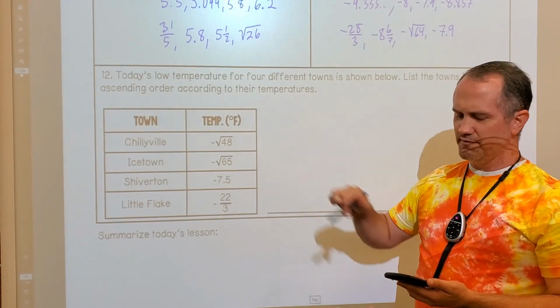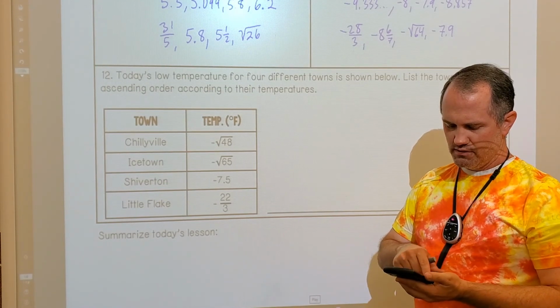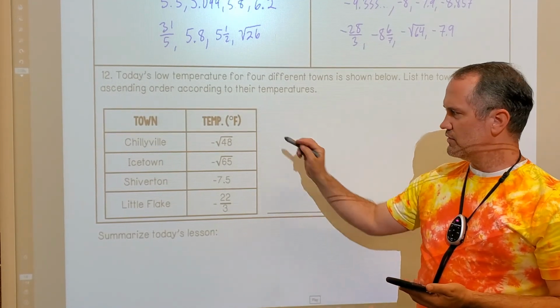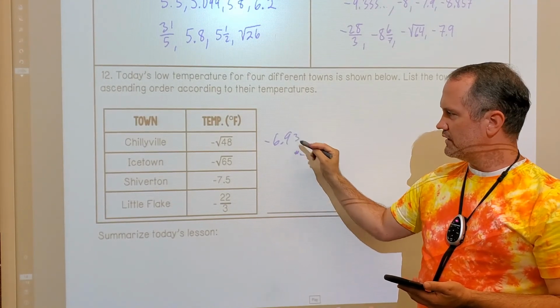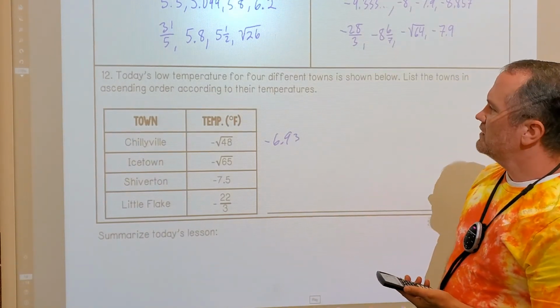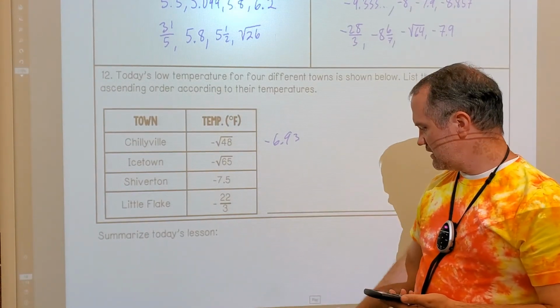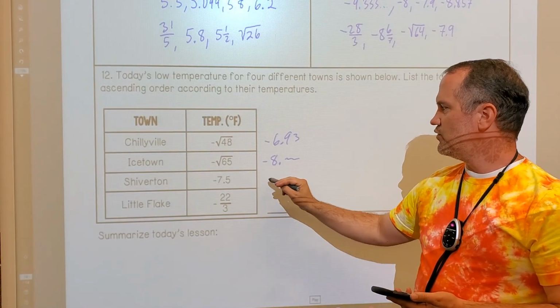Okay, so negative square root of 48. Square root of 48 is 6.9, so negative 6.93. Ascending order. That one's obviously like negative 8 point something. 7.5.